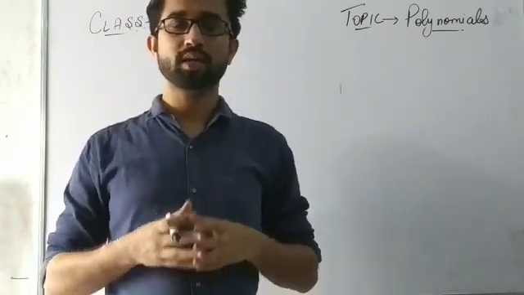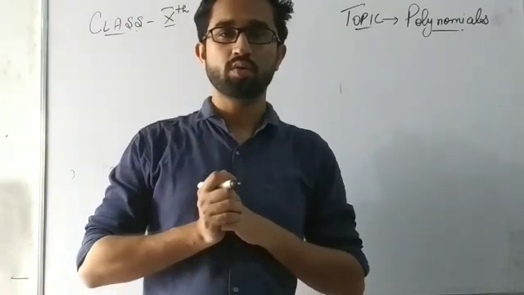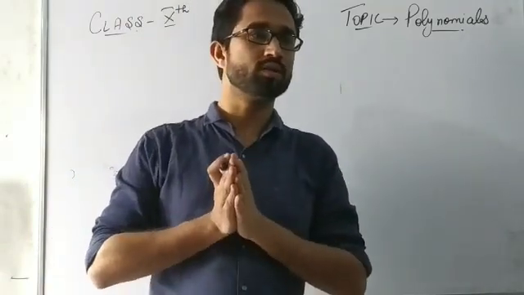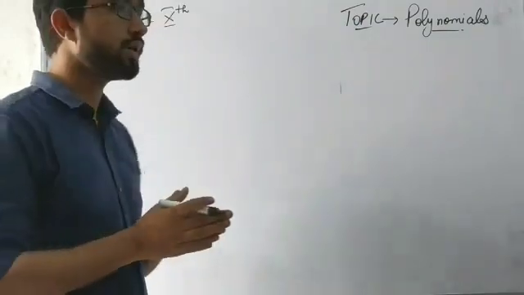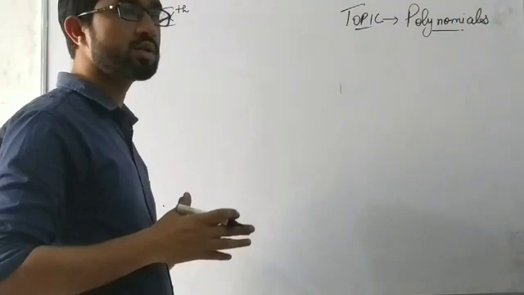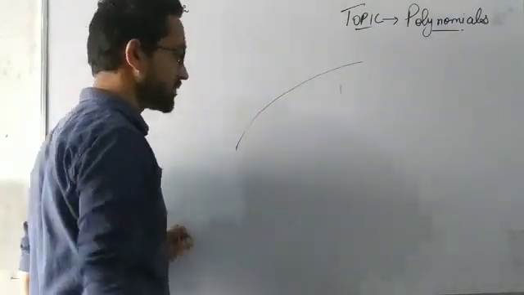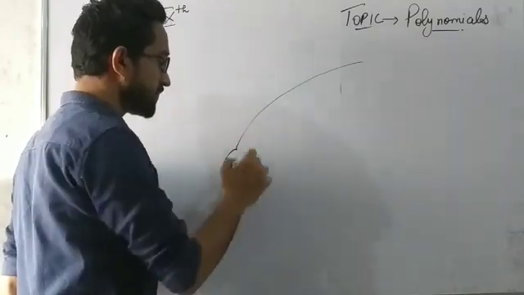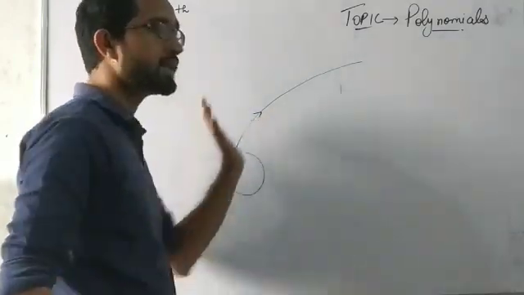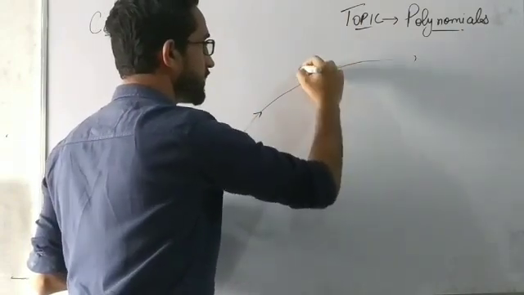So in order to understand what these polynomials are, let us go to a situation where we talk about a space research program where they are sending satellites into space. Suppose this is the space program and they are sending the satellites like this in the space.